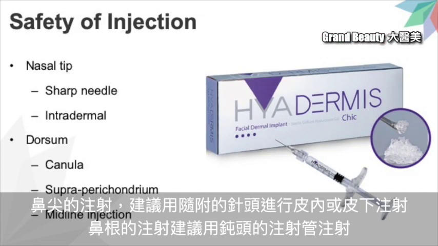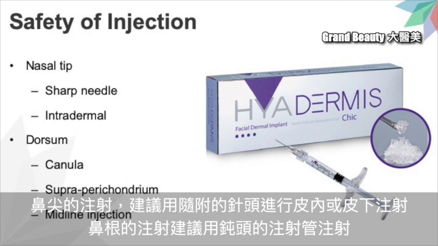So nasal tip injections were done using a compact sharp needle. Intradermal or subdermal injection in the nasal tip was advised to avoid inadvertent injection into the vessels. On the other hand, for the injection in the lower dorsum, a blunt 21 to 23G cannula was favored.